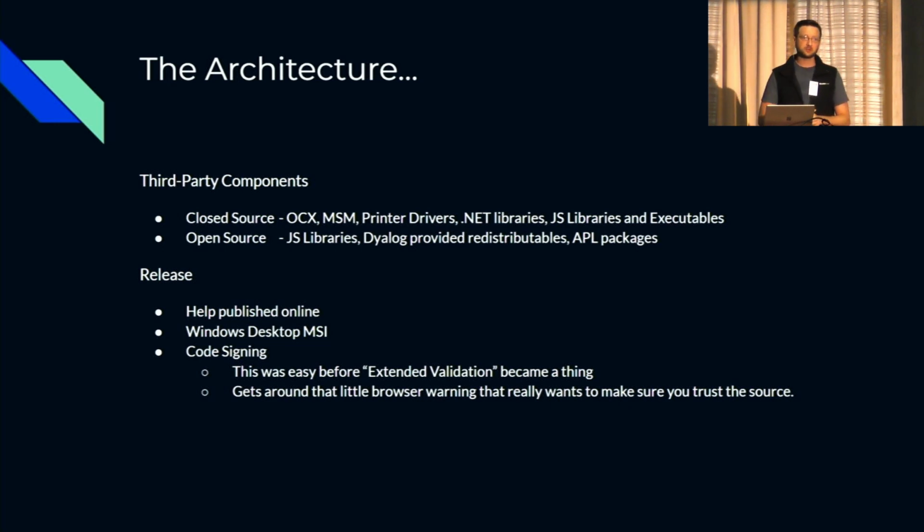We actually run a couple of command line utilities from the application to convert certain reports to Excel and PDF. Open source stuff, JavaScript libraries, whatever Dyalog provides us via CEF, and APL packages that we've put together in open source. They're available for anybody to use, such as Excel to APL. If you want to read an Excel file without any COM interaction, that's actually available to download and use.